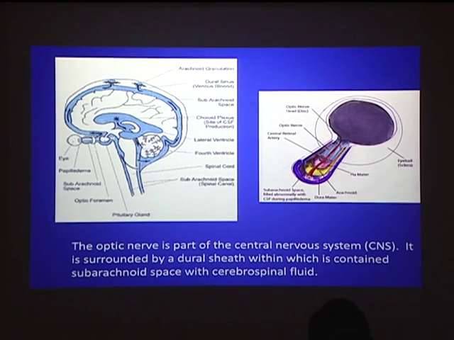Why is the enlargement of the surrounding structure of the optic nerve relevant to presume an intracranial pressure growth?